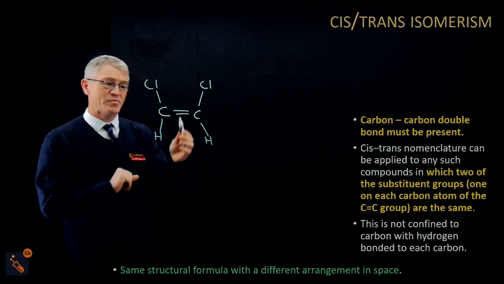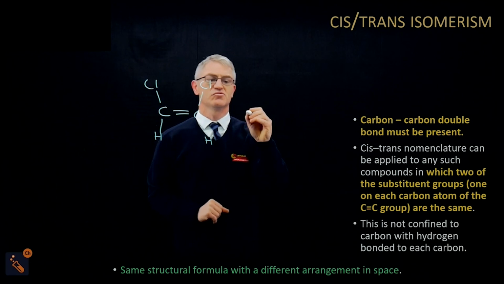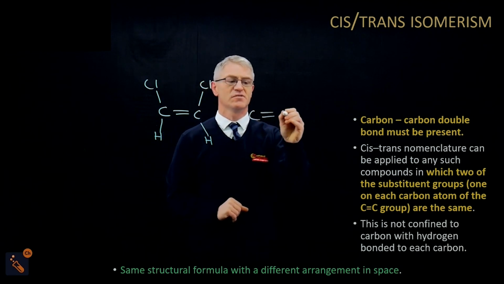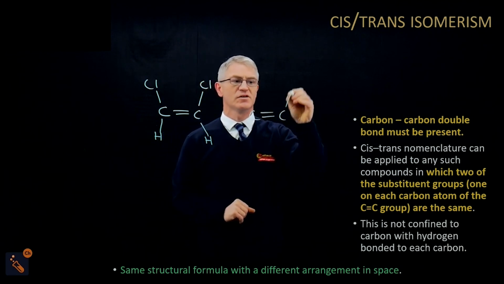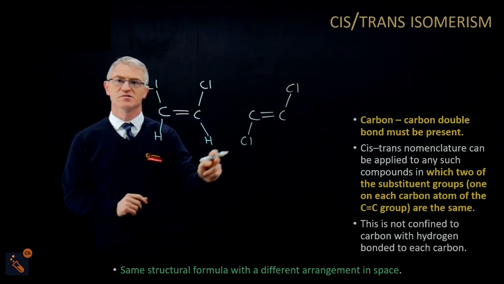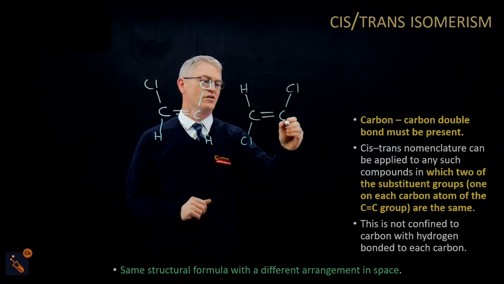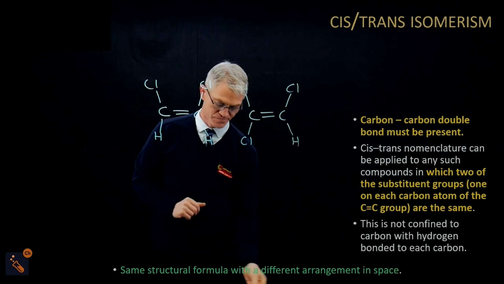There's 2 ways of drawing this. Remember the restricted rotation around here. So I could draw it, and it would be a different stereoisomer if I drew the chlorines either side, and then draw the hydrogens in.